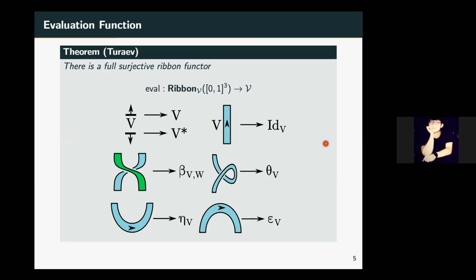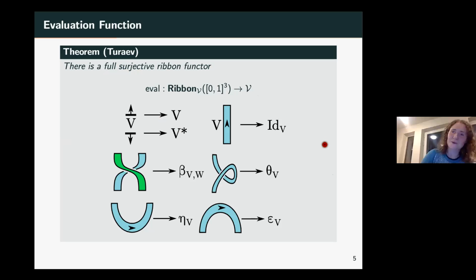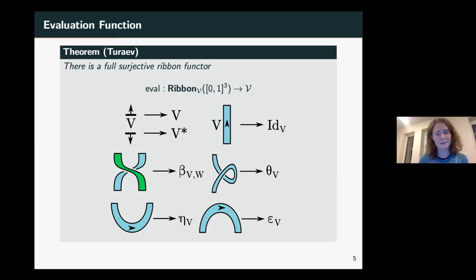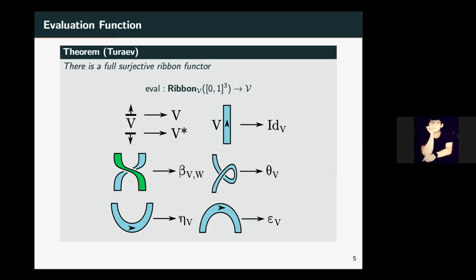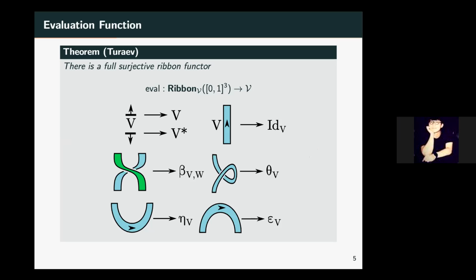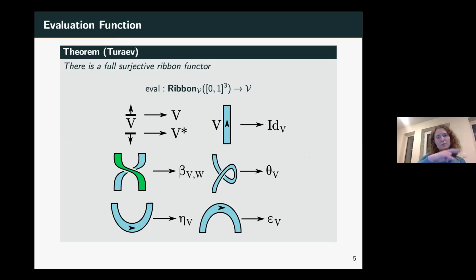Yes, go ahead. So you say if two objects are put together, then you send it to the tensor. However, if two objects, so actually we are choosing a projection, right? If two objects under the projection collapse, then what would you send that to? So the point is that this 0 to 1 cube is just a square and then thickened.